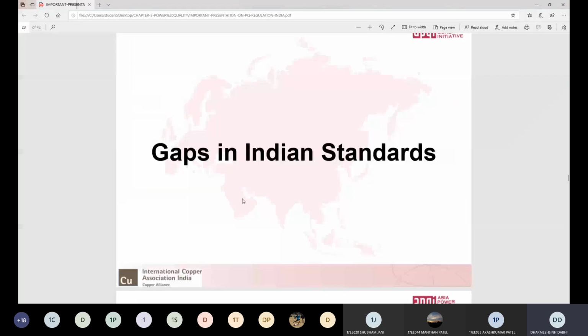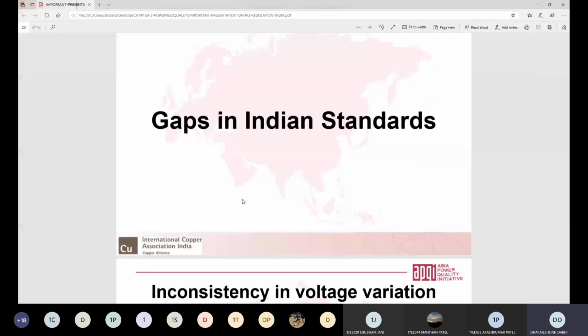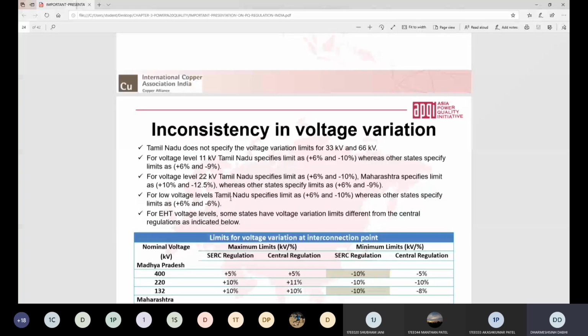Then what are the gaps in the Indian standards when we compare with the international standards? This committee, APQF, analyzed and concluded that the first problem is the inconsistency in the voltage variation, because some states follow other standards based on their own SERC, State Electricity Regulatory Commission.